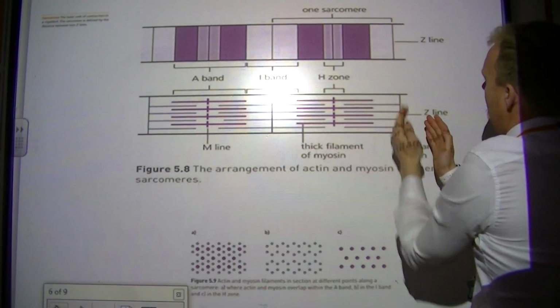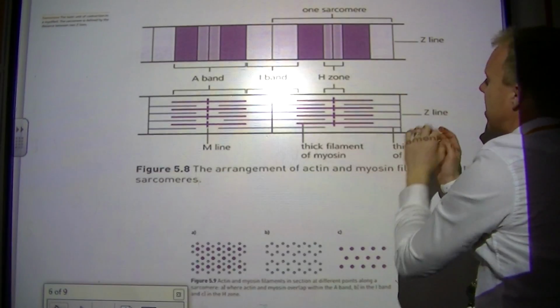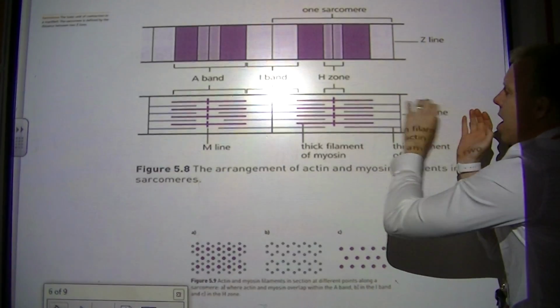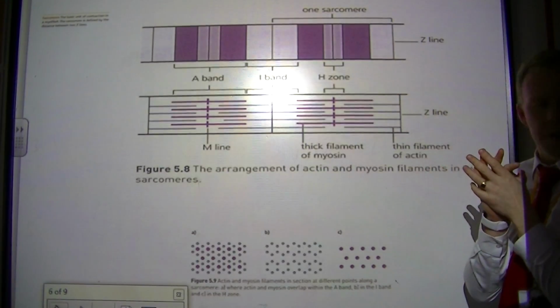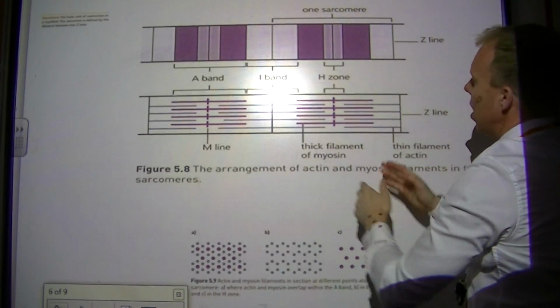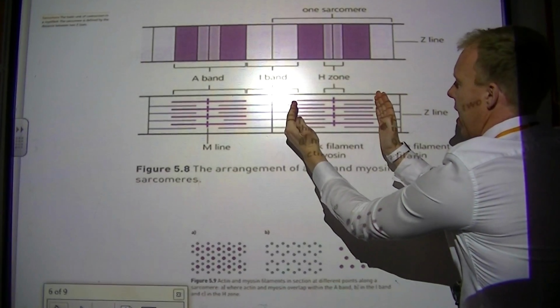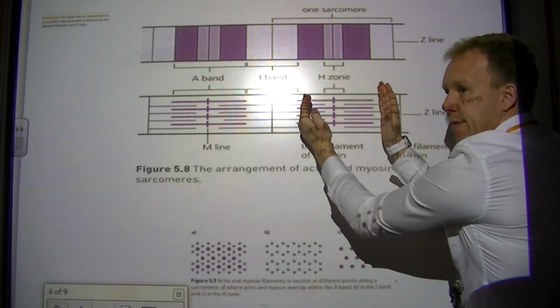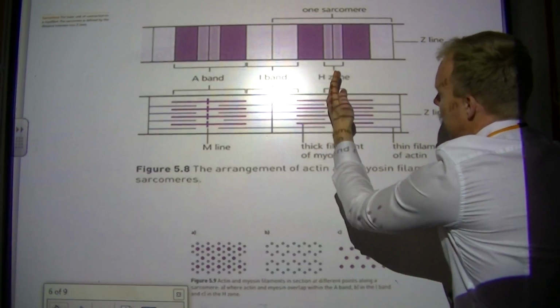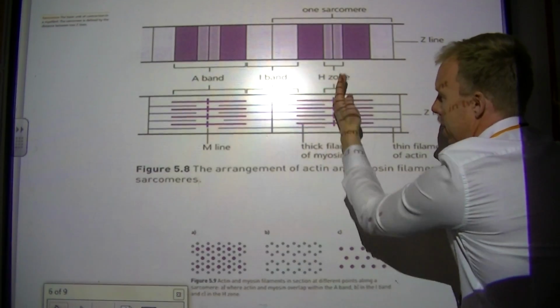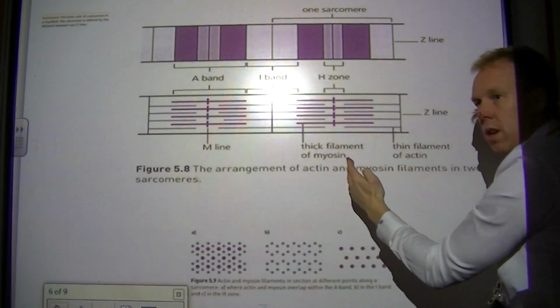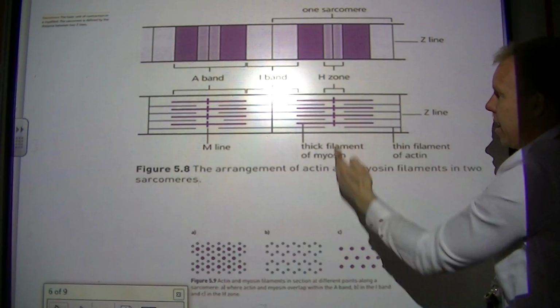And the Z line is where the actin, the thin protein filaments, emerge from. Then we have inside here the myosin filaments. The myosin filaments are held together by this M line, which is the central M for myosin section.